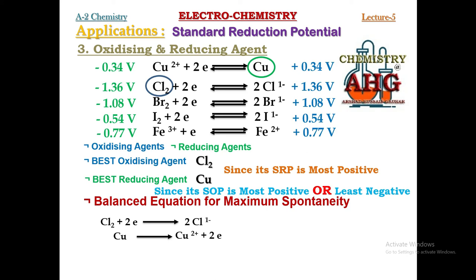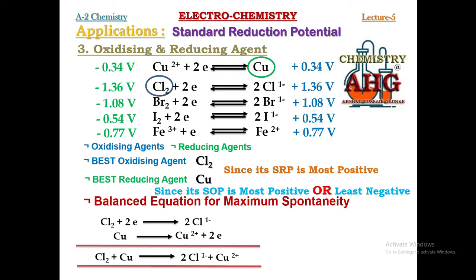Now if you take the sum of these two half equations, the first is reduction, the second is oxidation, you get the redox reaction. Electrons will be crossed out and the final equation we get is Cl2 plus Cu gives 2Cl negative plus Cu2+.